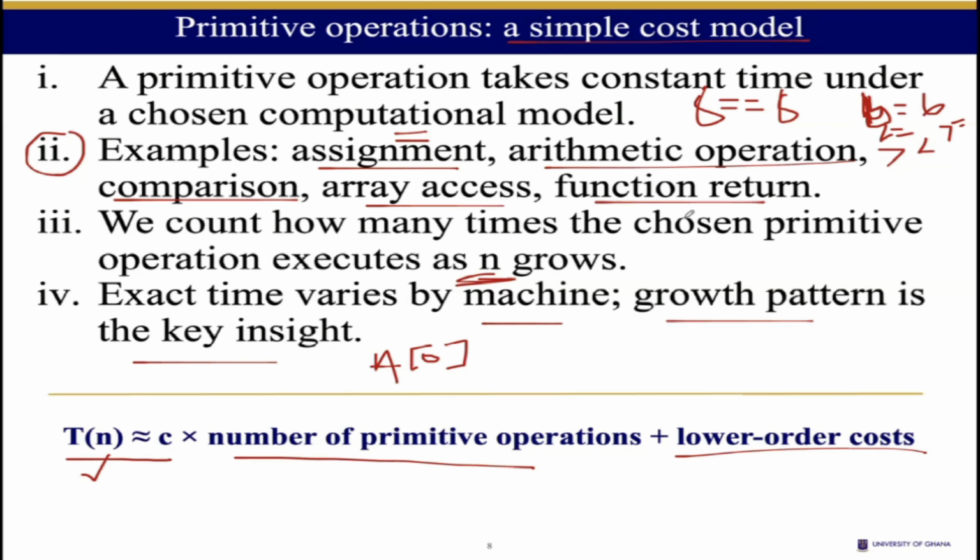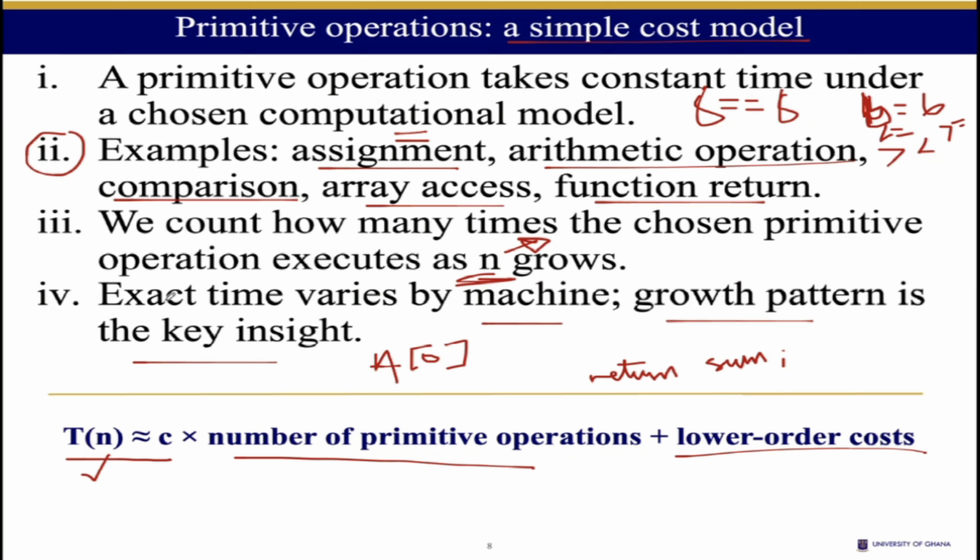Then function call, so return, we can say return sum. All these are part of the primitive operations. And we can count how many times these chosen primitive operations execute, and as they execute, we look at how n is growing.